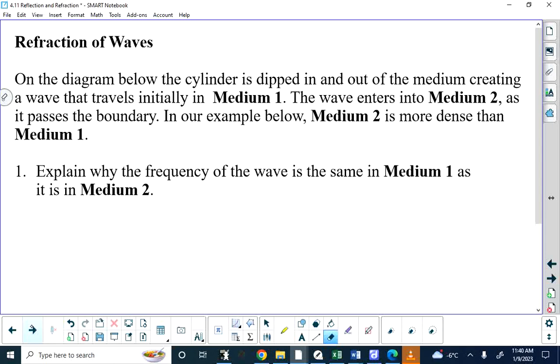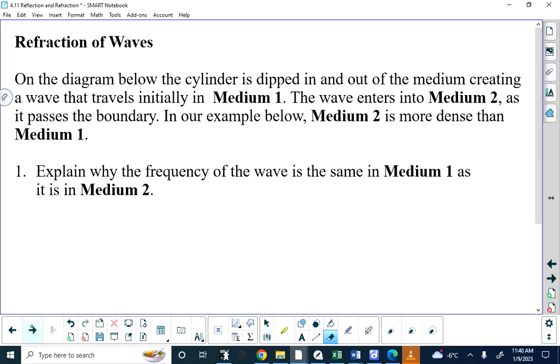When I take Timmy and I rattle him back and forth 5 times per second, the reason why Sally goes back and forth 5 times per second is because she's connected to Timmy. And the reason why Raheem goes back and forth 5 times per second is because Raheem is connected to Sally. And Jenny's going to go back and forth 5 times per second because Jenny is connected to Raheem.